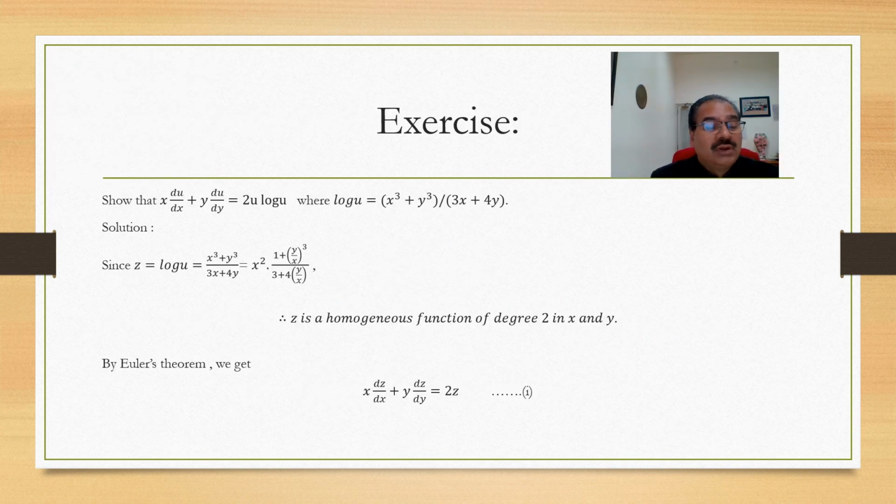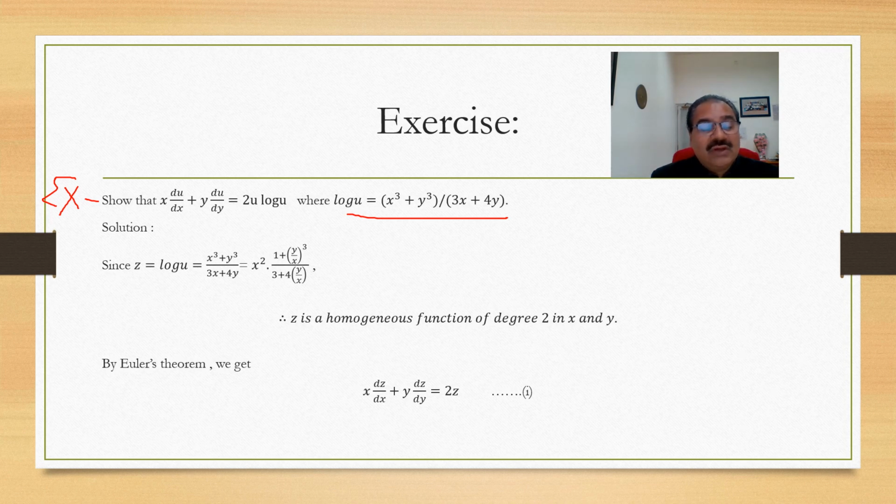Now, for example, let us suppose this example is given here, so that x du over dx plus y du over dy is equal to 2u log u, where u is a function of x and y. Then how will you solve? z is equal to log u, and u is given.